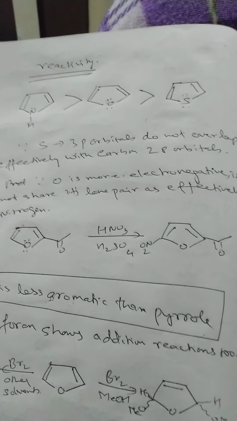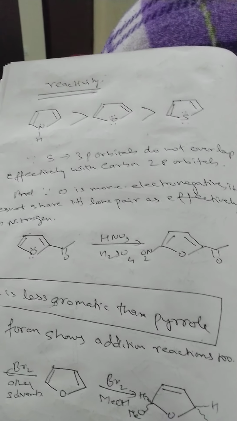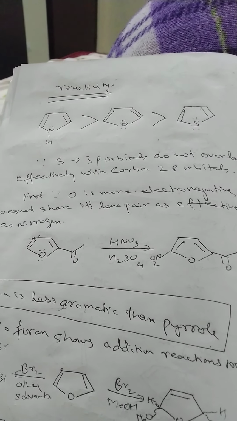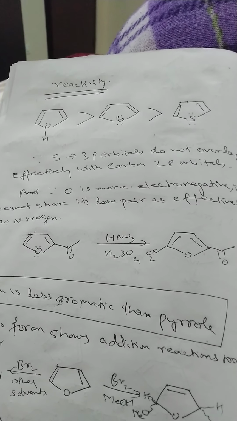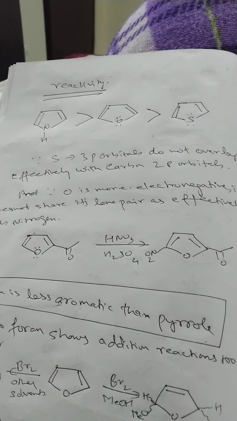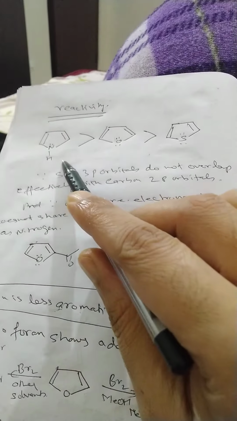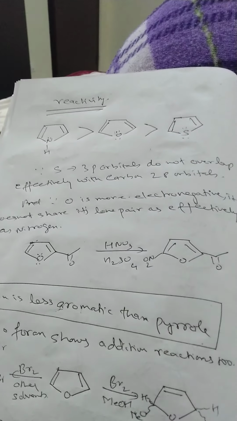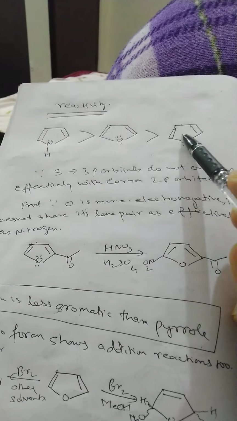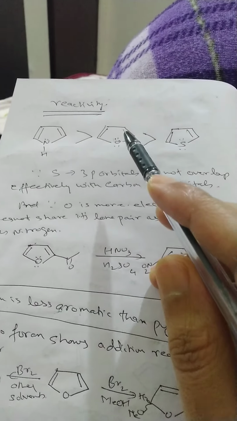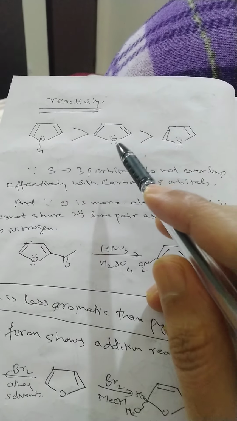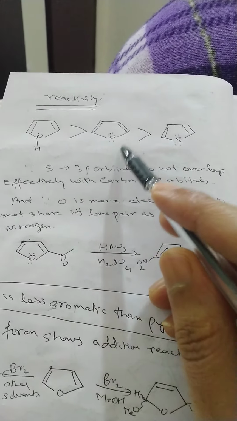But it's not just reactivity, we have to look at a more important thing. Does it undergo addition reaction or electrophilic substitution reaction? The important thing is neither this nor this will ever undergo addition reaction, because they both are highly aromatic. This is least aromatic. Okay, this is very important.